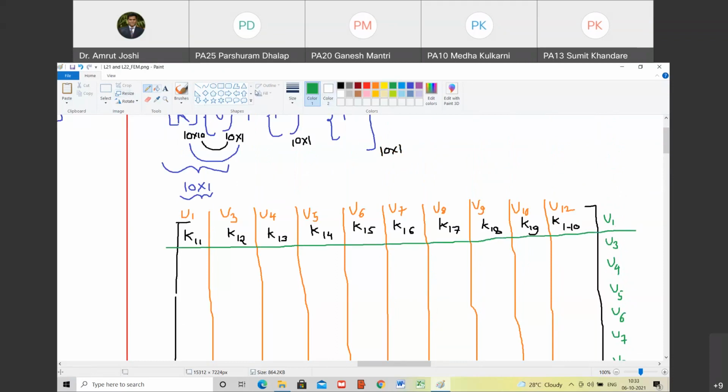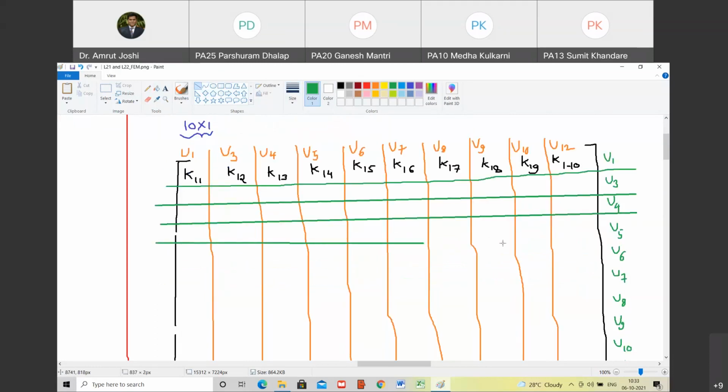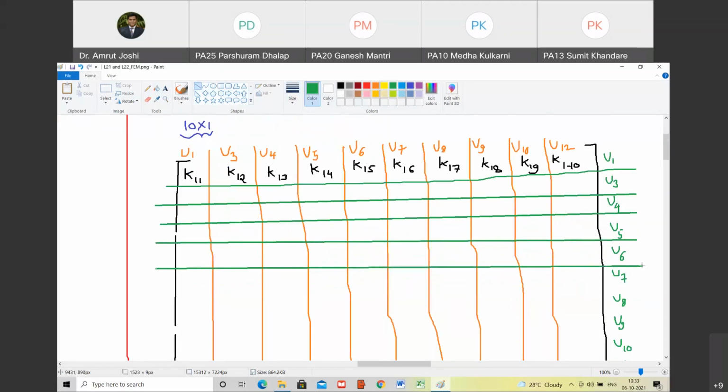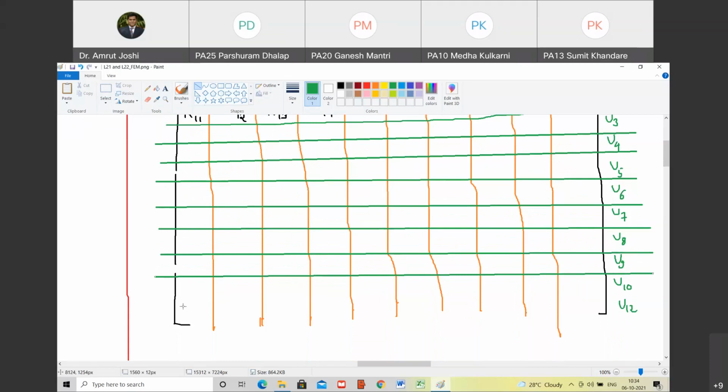So this is U1. Then, just give me a second. This is U3, U4, U5, U6, U7, U8, U9, U10.